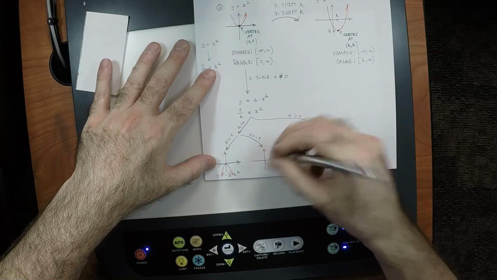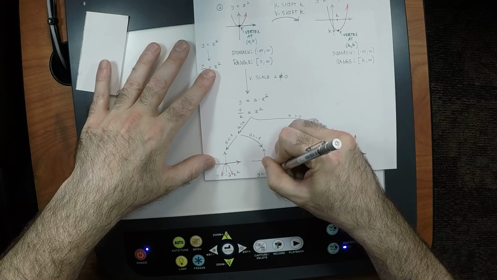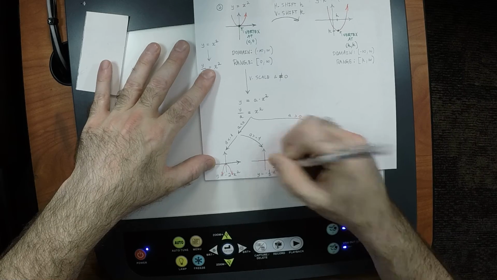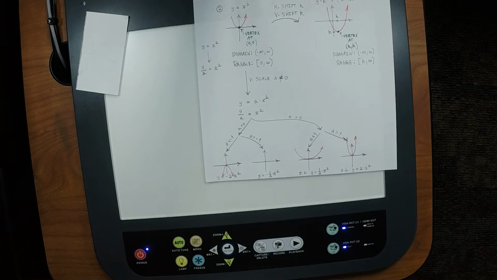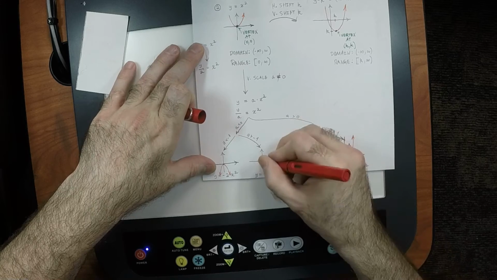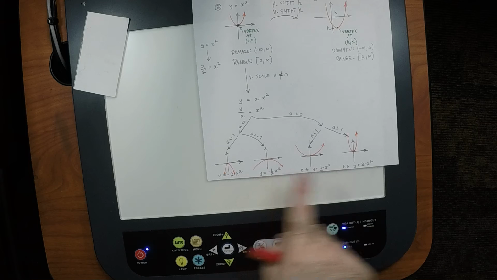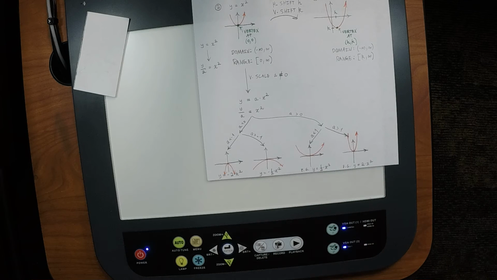So again, an example of this would be something like y is -½ x squared. So it's still going to open down, but watch. Yeah, it's going to be shallow, like this. But notice that the vertical scale doesn't move the vertex. The vertex in all cases is still at the origin.